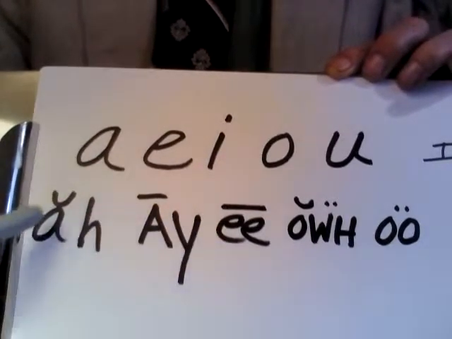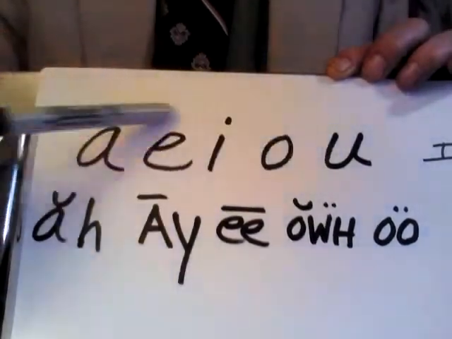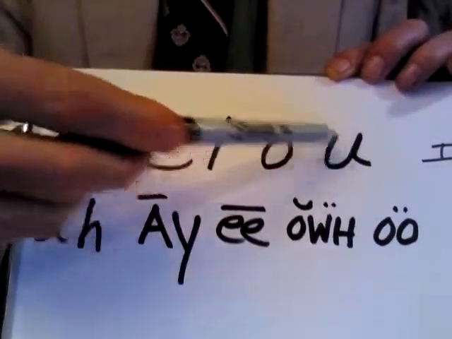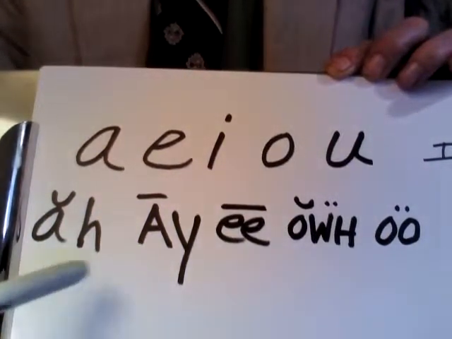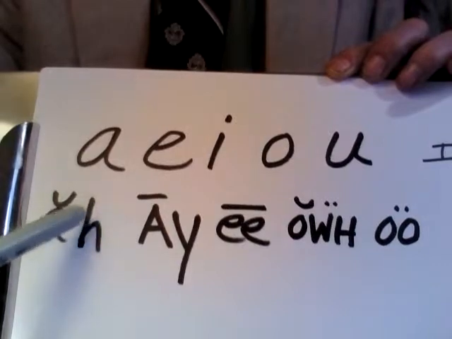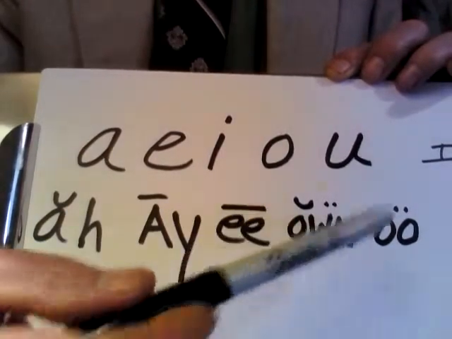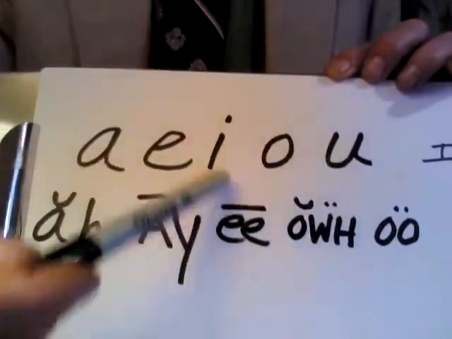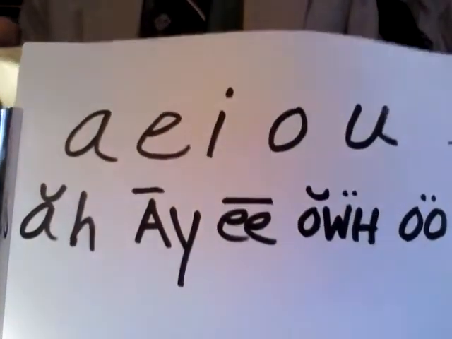In Spanish it's a lot more consistent. In English, depending on where the letter is, it can be different. But in Spanish, 99% of the time, where you see the A it's going to be ah, and likewise E, I, O and U in all the words where you see these letters. That's a very important concept to get down.